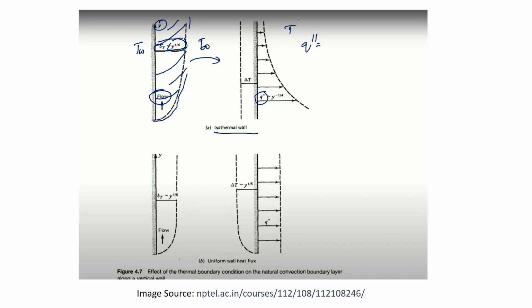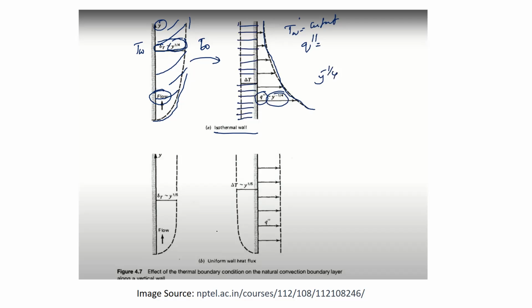Only Tw is kept constant. So the Q double prime, or the heat flux, has to decrease at a rate like y raised to minus 1 by 4, so that the delta T would remain constant. Delta T is constant everywhere. So the flux has to adjust itself.